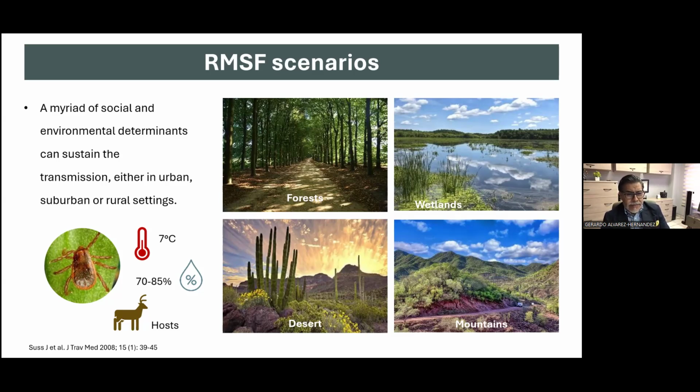A variety of conditions such as temperature, humidity, and very important, the availability of hosts are crucial for the abundance of the ticks, and so for the likelihood of being exposed to the pathogen.